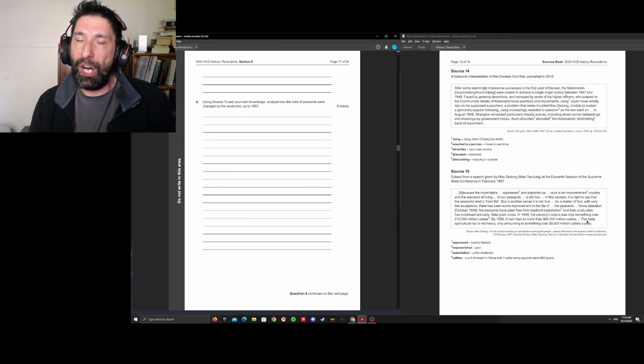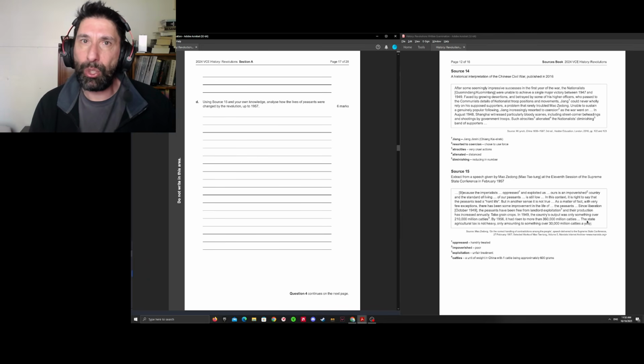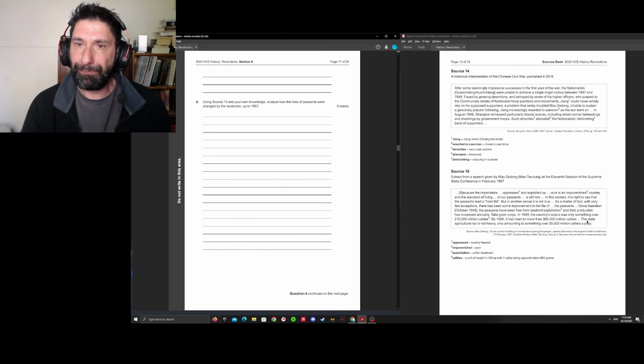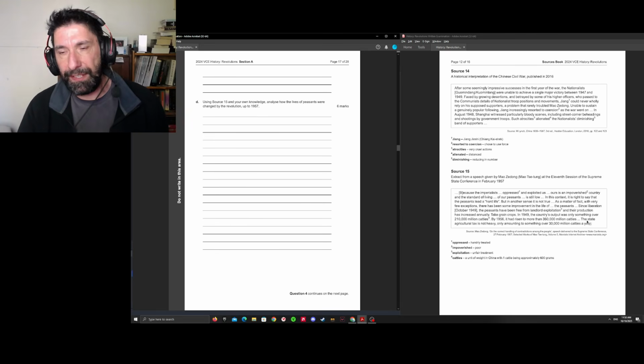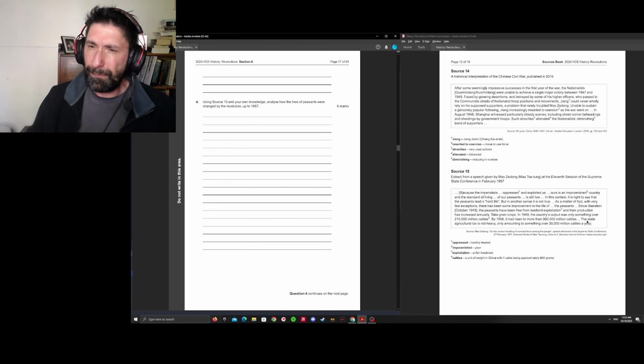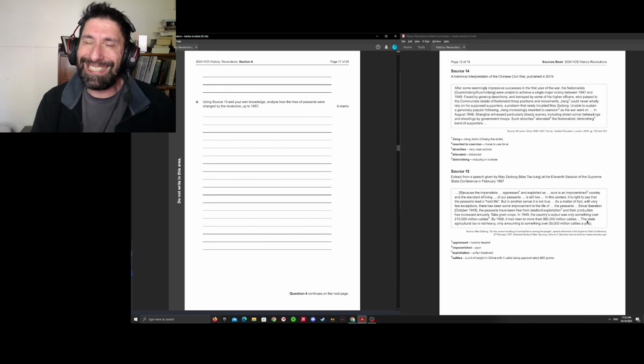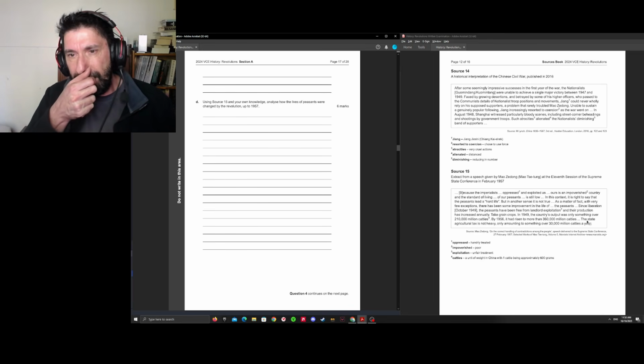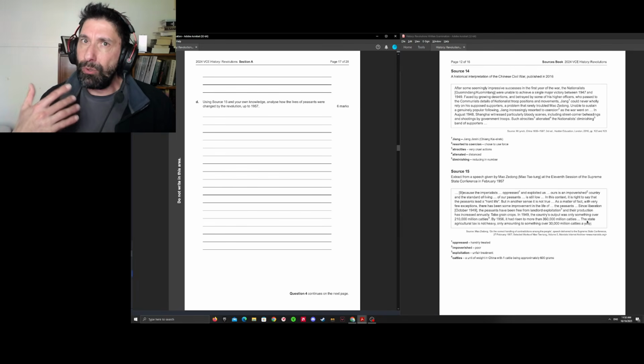By the end of the first 5-year plan, and you would know this, annual agricultural production had only increased 2 to 3% per year during the first 5-year plan, from 53 up to 57. But the population was growing at a similar amount. So in the scheme of things, agricultural production hadn't really increased.